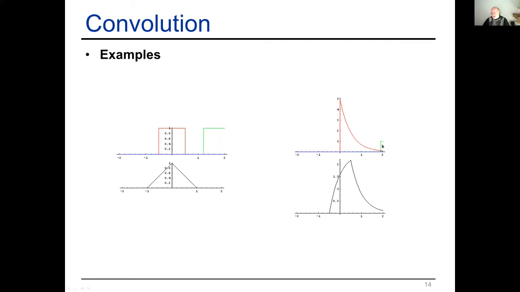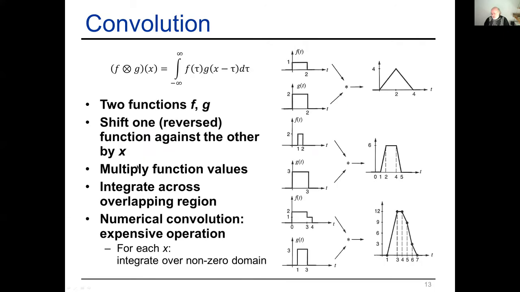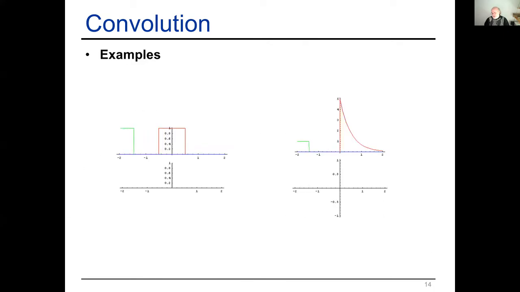In this case, the rectangle has height 1, so we just cut out that respective part of the other function. And actually, this is something we will do as well when we do reconstruction filtering a little bit later today. So let's just go back. Did I miss anything? No, this is pretty much the convolution.